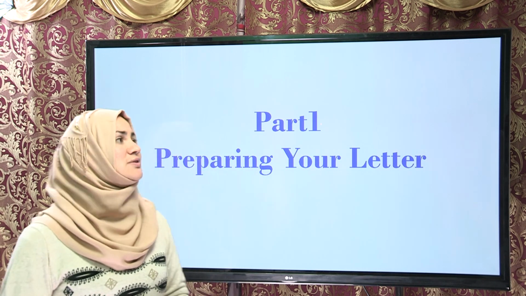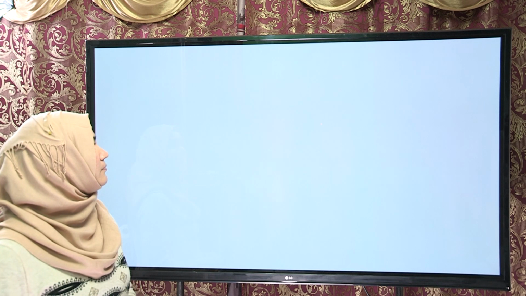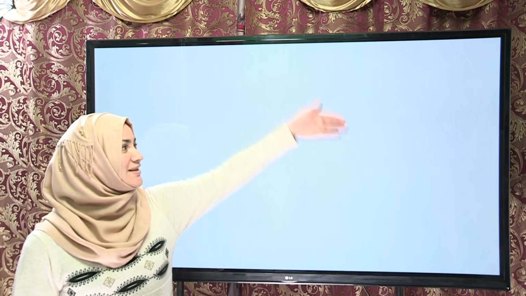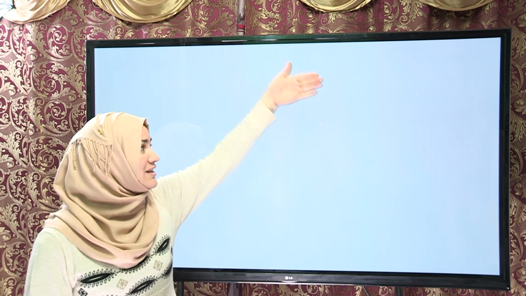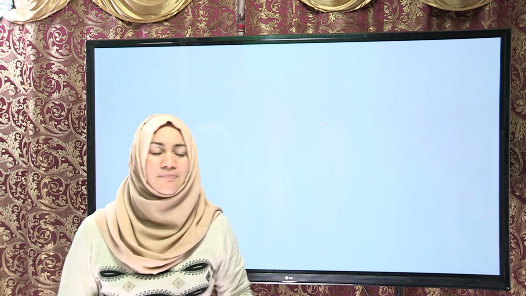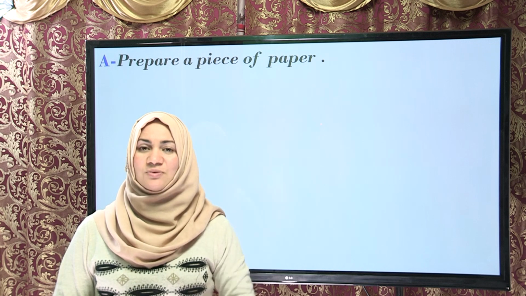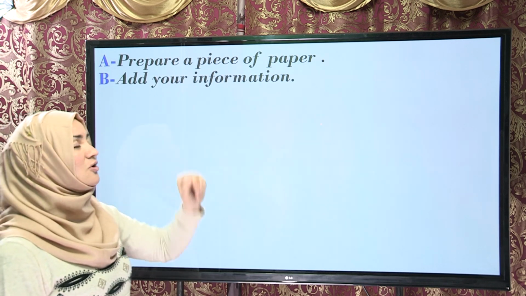What are these points? The first one: you can see here that we have a piece of paper, white paper. Yes, the first step, we need a piece of paper, white paper like that. The second point, add your information.